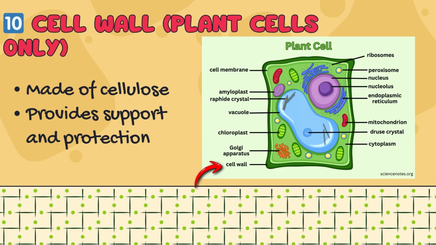We'll get into that. But a cell wall, it's a brick wall. Security tight at the plant cell factory. It's made of cellulose. Cellulose is very hard to digest. Makes the wall very nice and strong. And the cell wall, obviously, helps provide support for the cell and also protection.